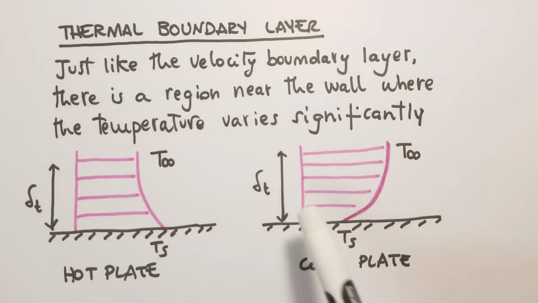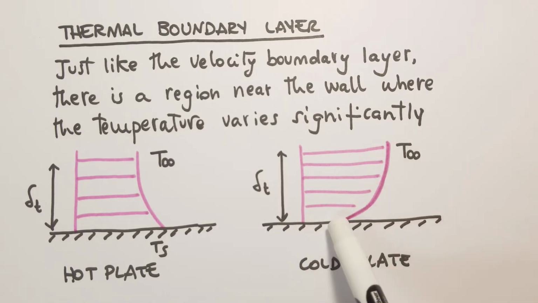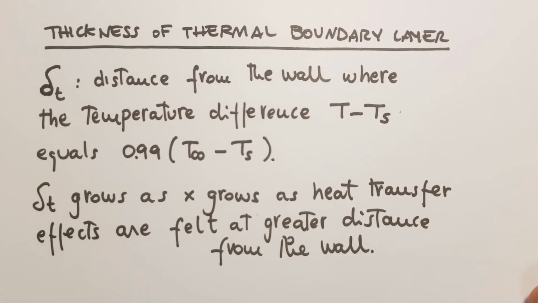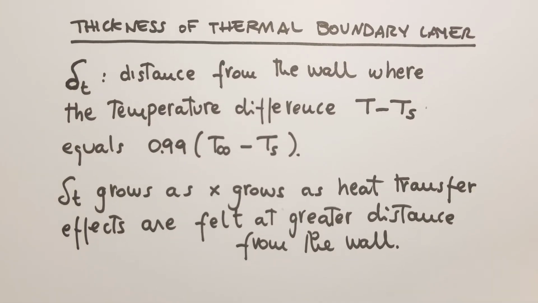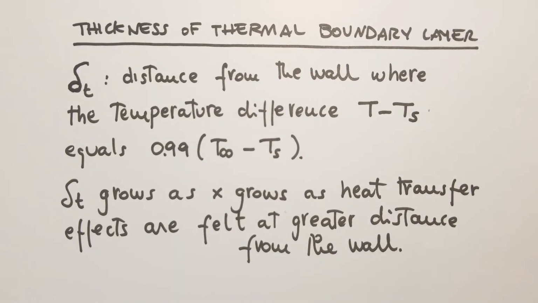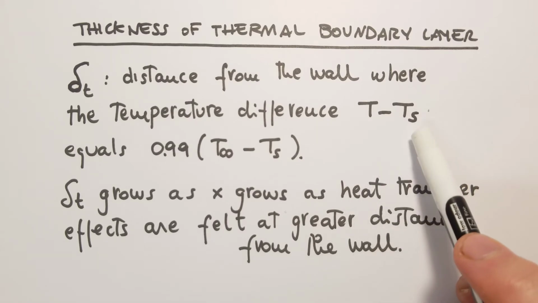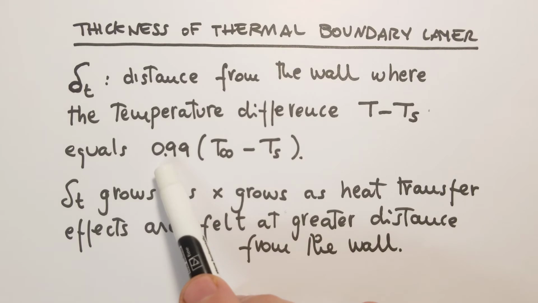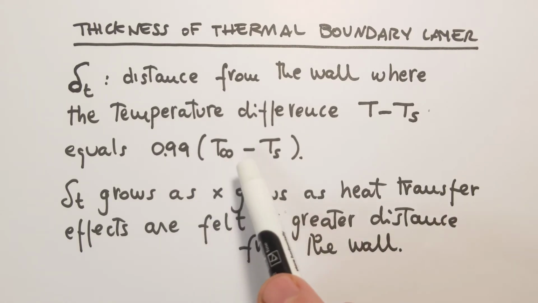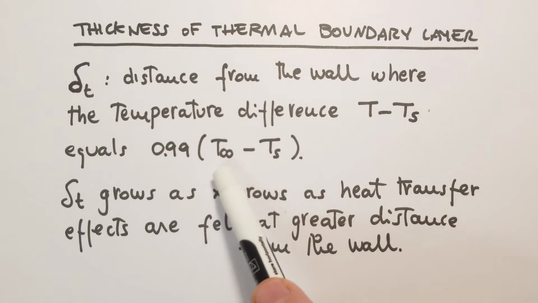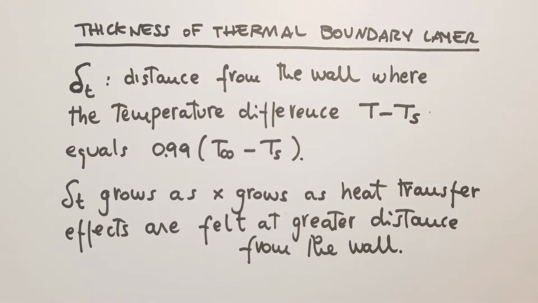Instead, if you have a hot fluid flowing over a cold plate, then the temperature distribution will be of this form. As I said, we can call the thickness of the thermal boundary layer delta T. We define it mathematically as the distance from the wall where the temperature difference T, the temperature at a certain location y, minus Ts, the temperature of the surface, equals 99% of the difference between T infinity and Ts, where T infinity is the temperature of the fluid far away from the wall and Ts is the temperature of the surface.